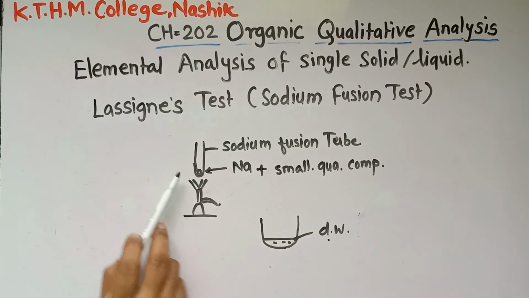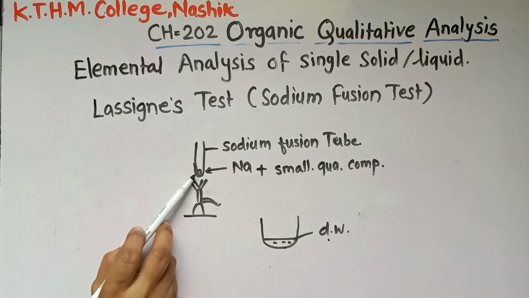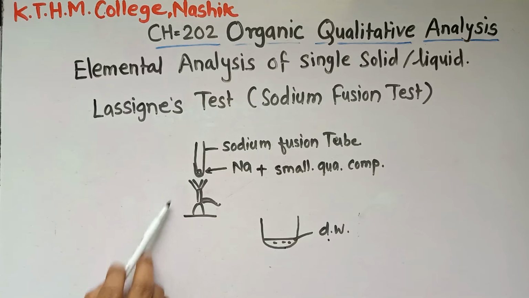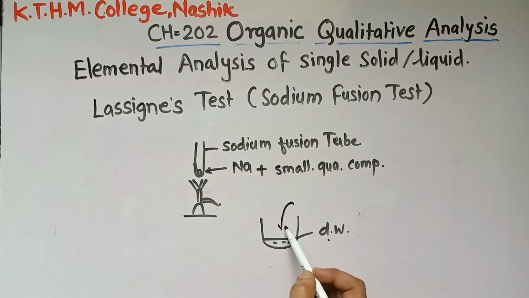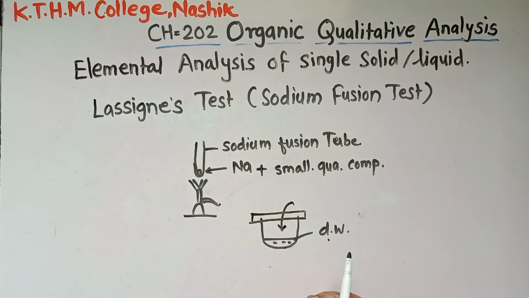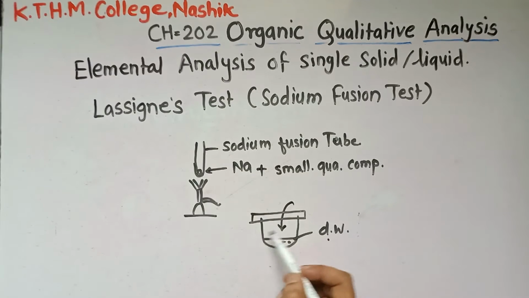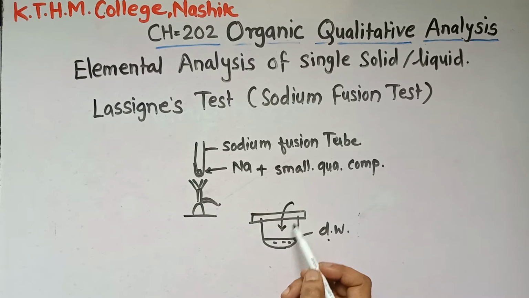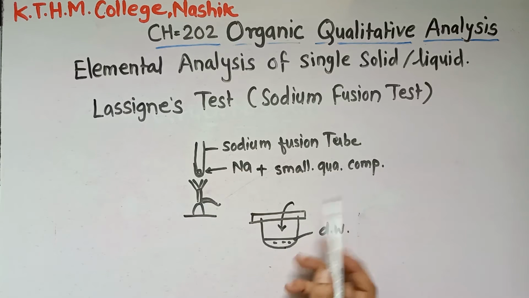We heat this tube up to redness and immediately put that red hot tube into this distilled water, and we immediately place a wire gauze on this crucible, because it may bump out or be thrown outside.